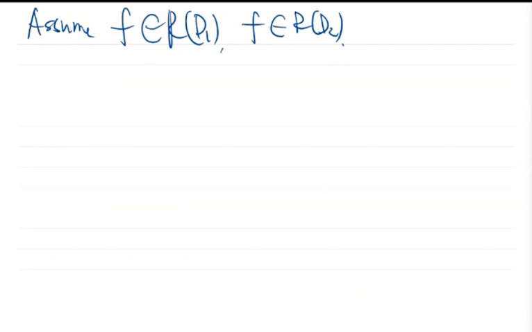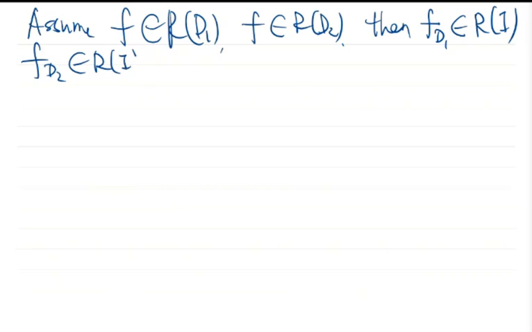Then, by definition, the zero extension of f outside D1 is integrable over the rectangle I containing D, and the zero extension of f outside D2 is also integrable over I. Now we remind you of the definition of f D1 and f D2.